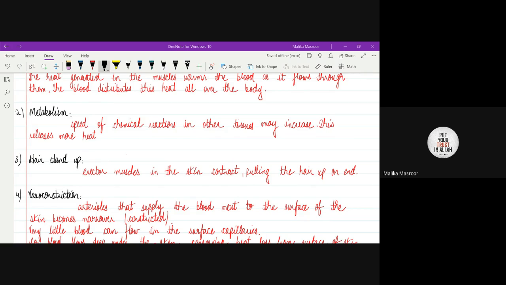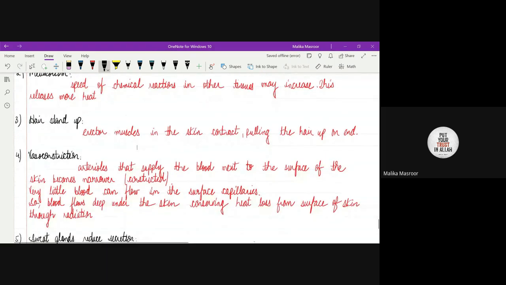But the main purpose is to trap a layer of air, which helps you maintain your temperature.